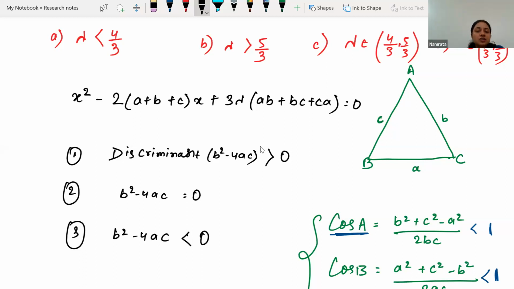Here the first condition says if discriminant is greater than 0, then we will be getting two unequal real roots.